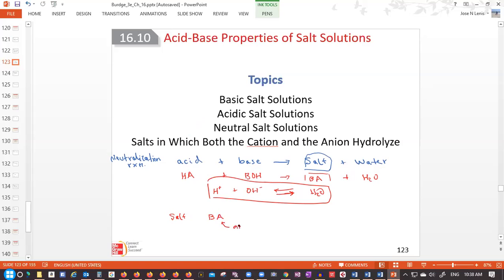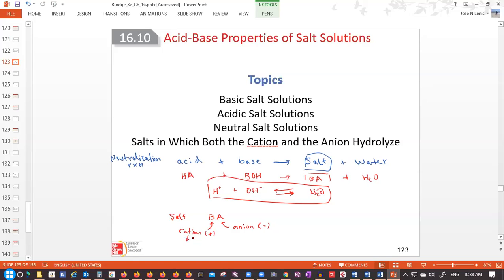The anion, that's the negative ion in the structure, and this is the cation, the positive part of the structure.